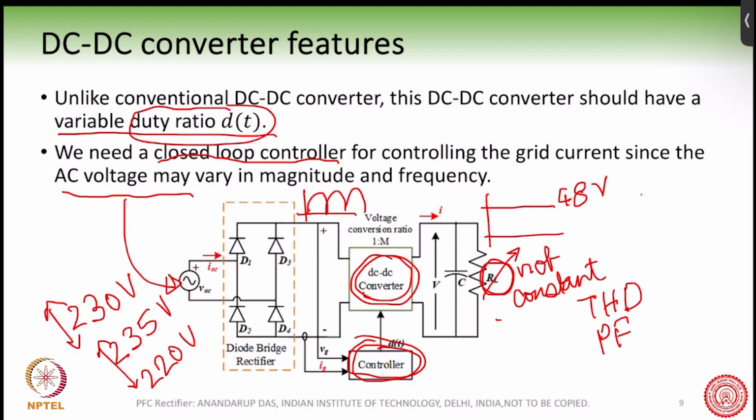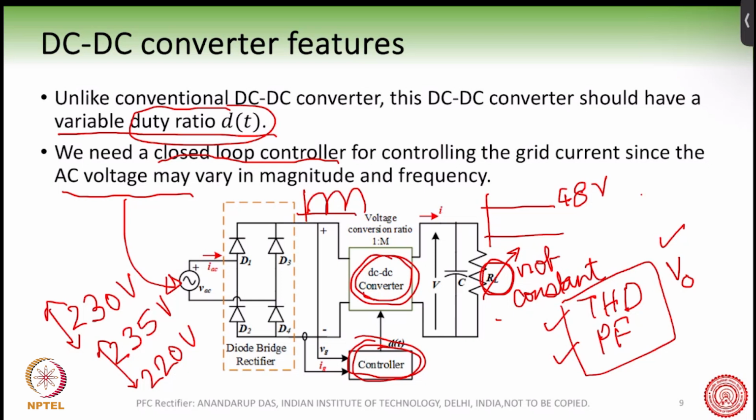Of course, along with this, we have to maintain the output voltage as constant. Definitely, this is also very important. But from the input point of view, these are important, and from the output point of view, V0 has to be maintained. So we need a closed loop control.